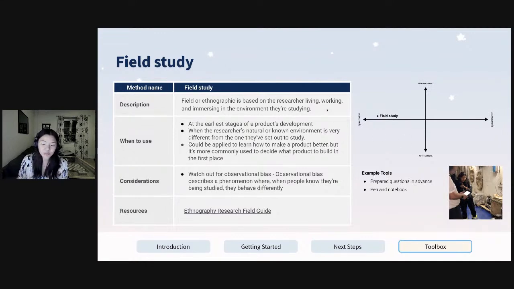It's really good for early stages when you're trying to be more open and learn about a different environment. Really helpful, especially if you're creating products for a very different environment than yours. And you should be a bit careful that they may not be doing 100% what they would do if you weren't in that place.